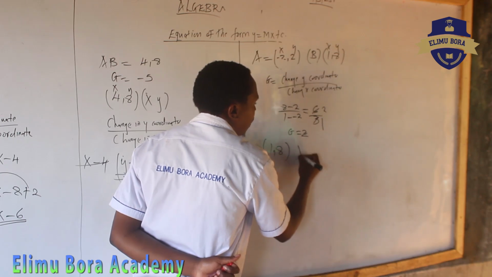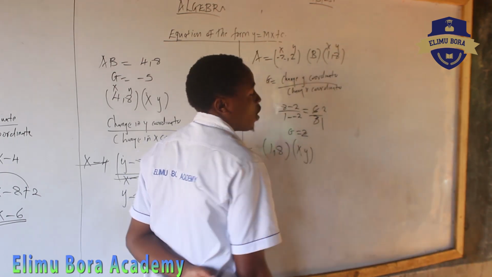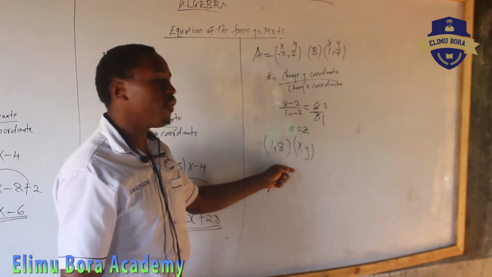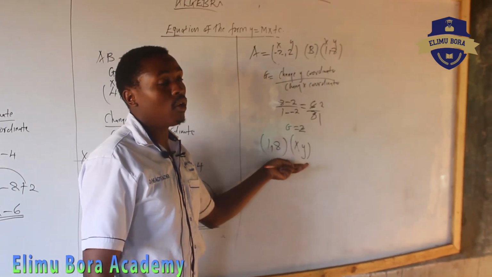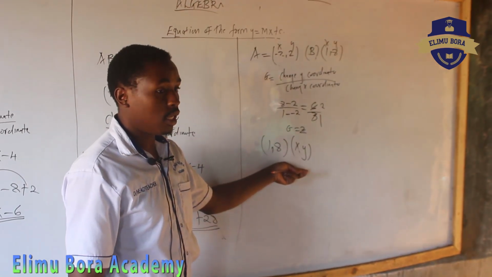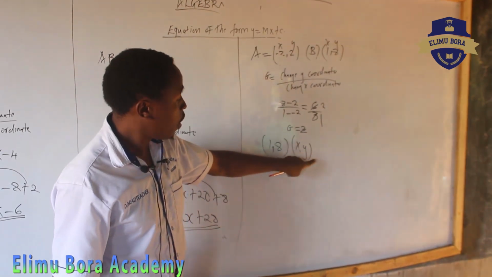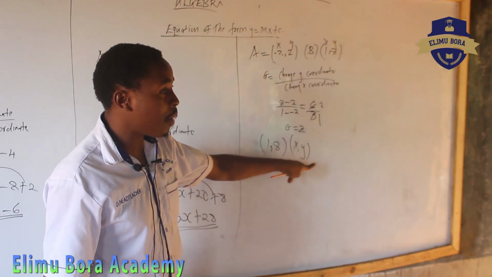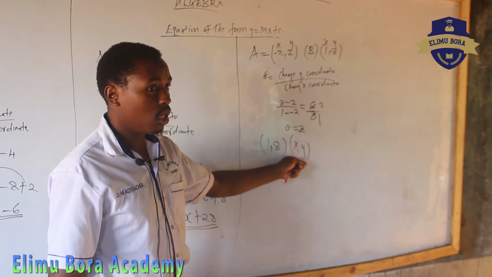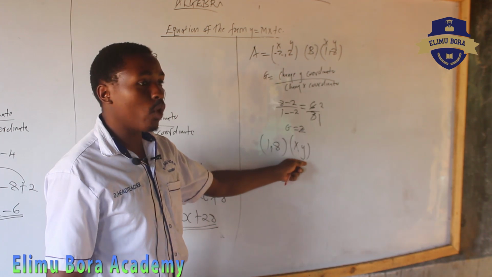So let's make this one x and y. Always apply this one. Don't forget to use this, because at the end of the day some of you may forget. That's the reason why in every step I'm not leaving this one out, so that it becomes easier for you to identify.